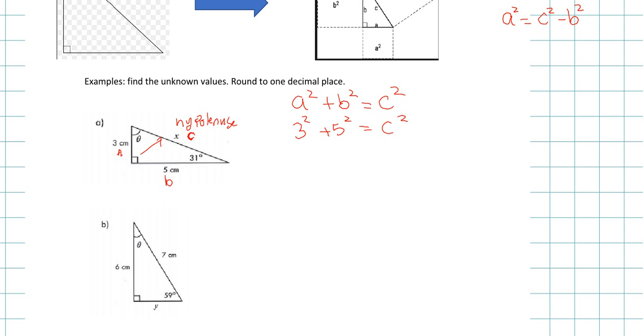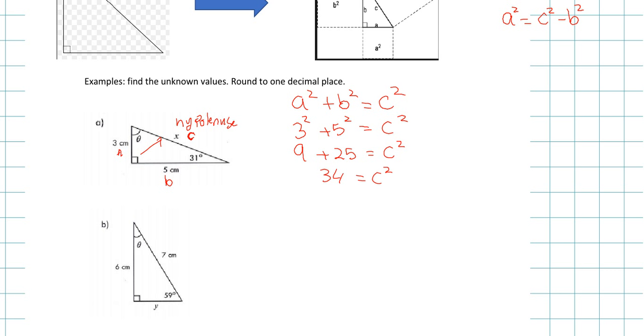Are we all good with that? Good. Now, 9 plus 25 is 34 equals C squared. Am I done? No. What am I looking for? C. I'm looking only for C.